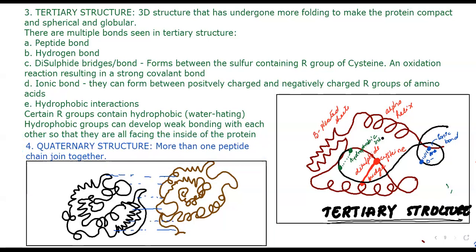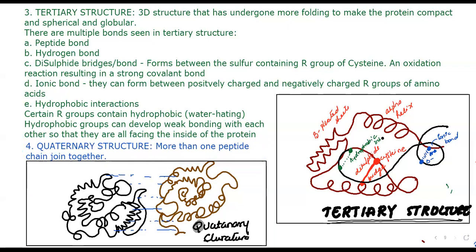So the degree of folding or complexity depends upon what kind of protein I am making. In hemoglobin, I will see all the way up to quaternary structure.